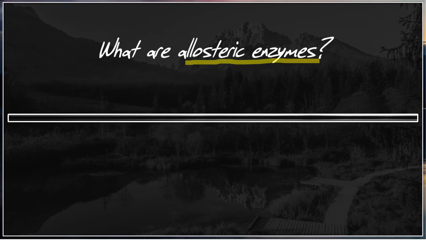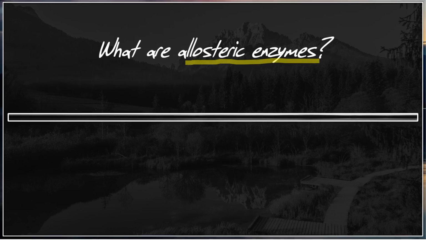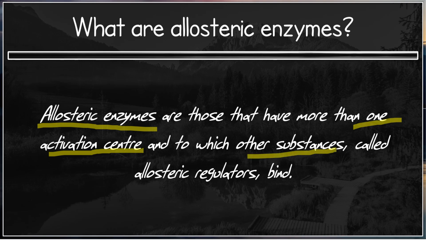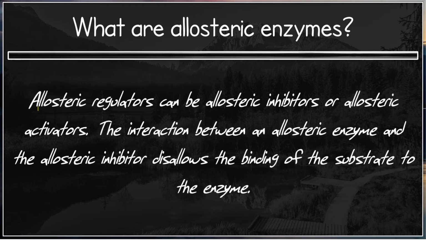What are allosteric enzymes? Allosteric enzymes are those that have more than one activation center, to which other substances called allosteric regulators bind. Allosteric regulators can be allosteric inhibitors or allosteric activators.